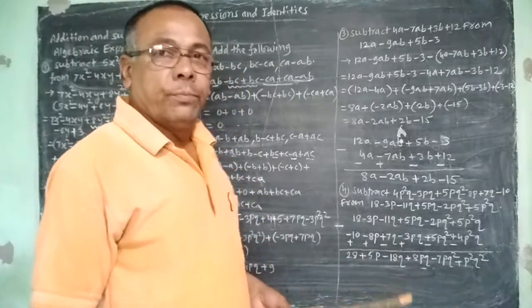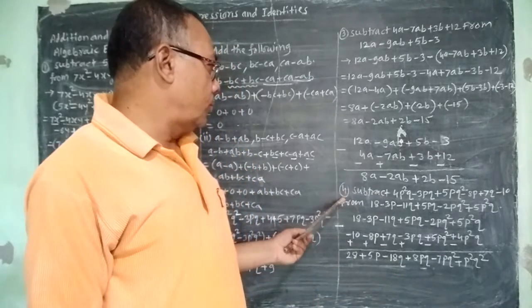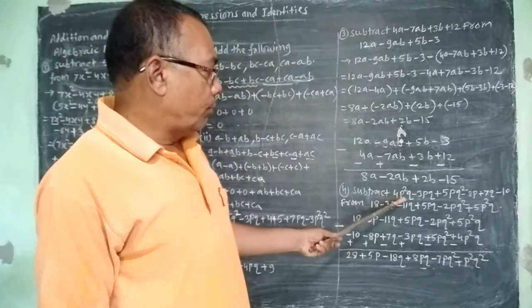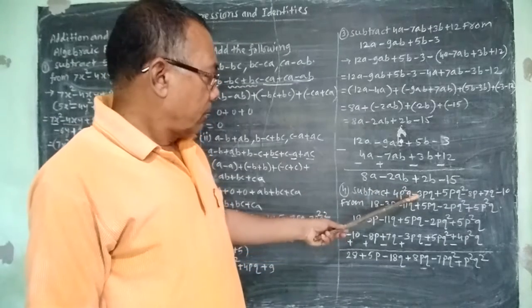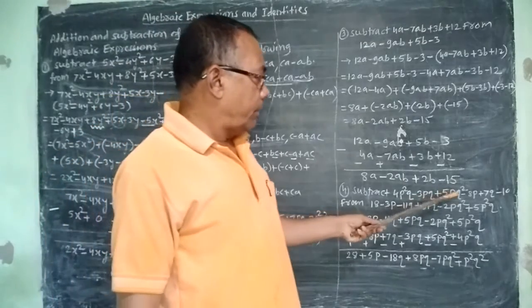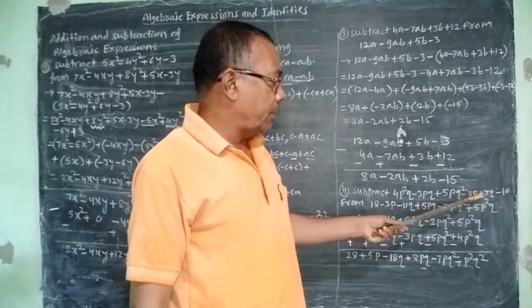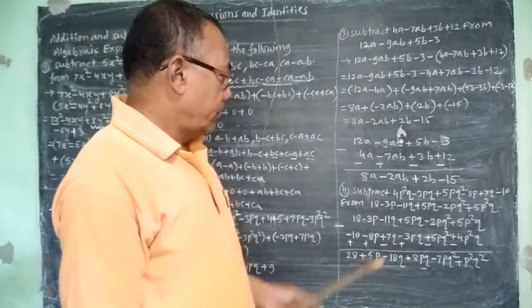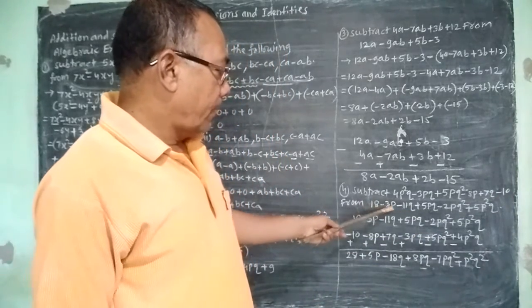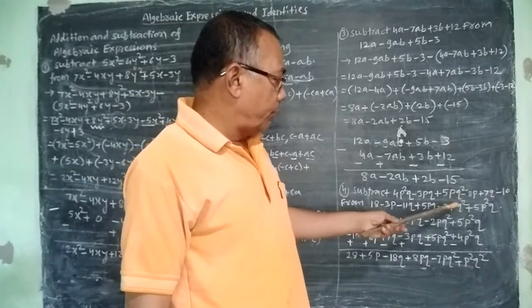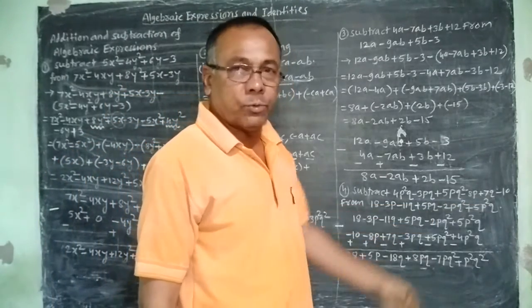And now we will see one more example of the subtraction, that is subtract 4p square q minus 3pq plus 5pq square minus 8p plus 7q minus 10 from 18 minus 3p minus 11q plus 5pq minus 2pq square plus 5p square q.